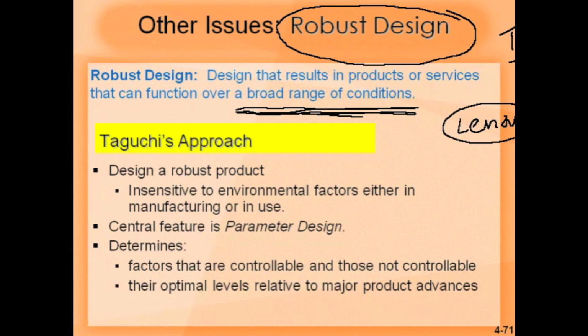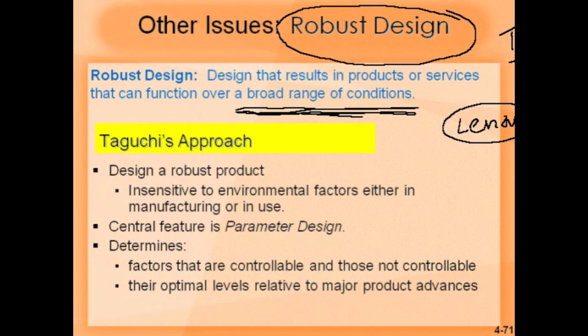So it will still function even if it is misused by mistake. That's an example of robust design. Even if the conditions are not conducive for the product, if it can still operate efficiently, it is called robust. Taguchi's robust design approach has been popularized by many different companies like Ford and General Electric and so on. What it says is: design a robust product.